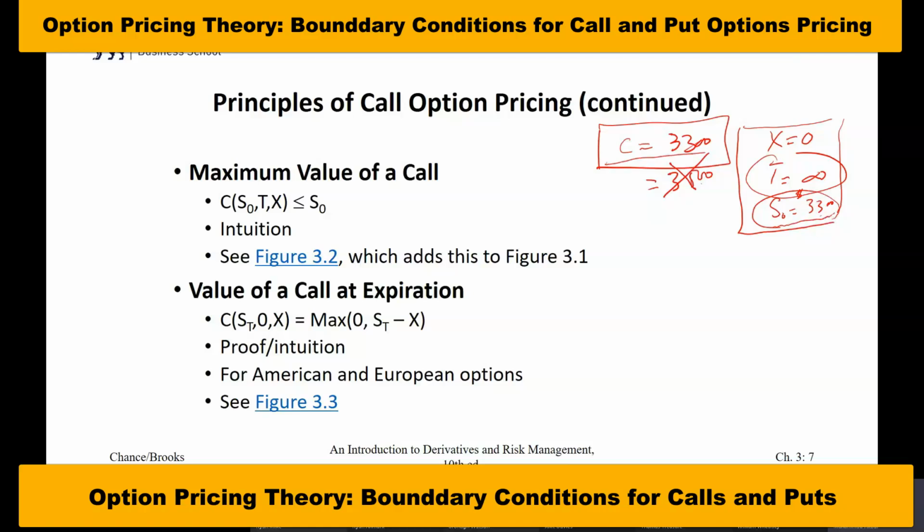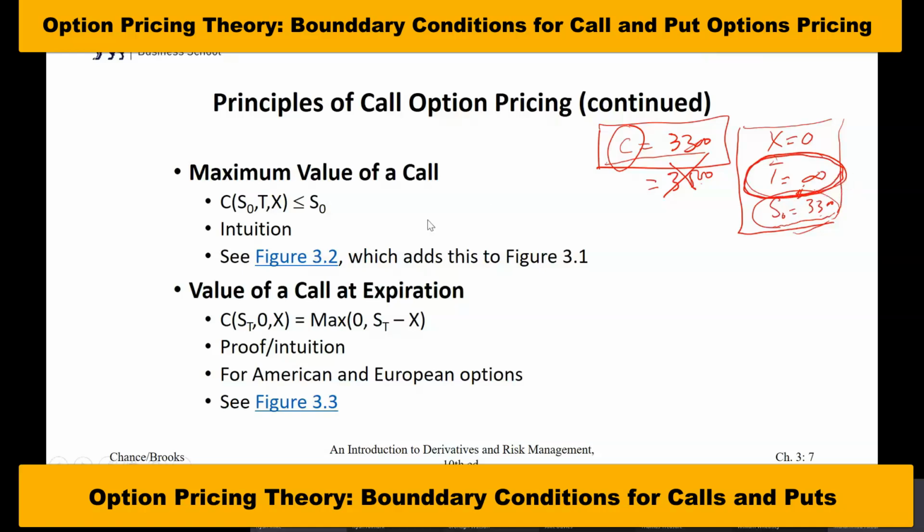Is it clear? That is a theoretical condition. Practically, it's not doable, but theoretically, this is the maximum the price of a call can go. It cannot go beyond the price of the underlying. And that is one situation, when the time to expiration is infinity.